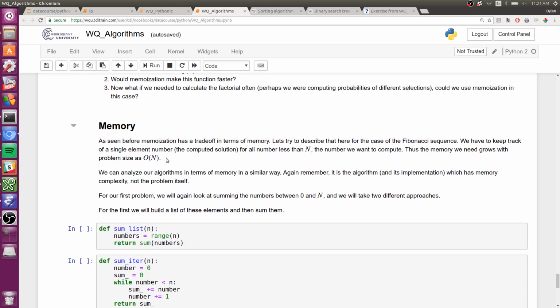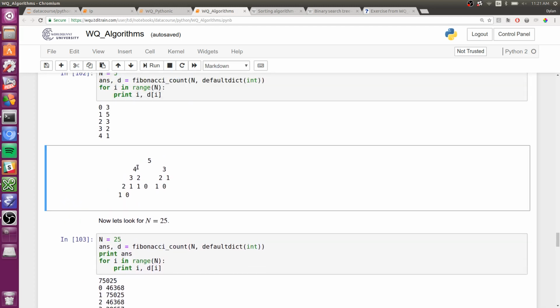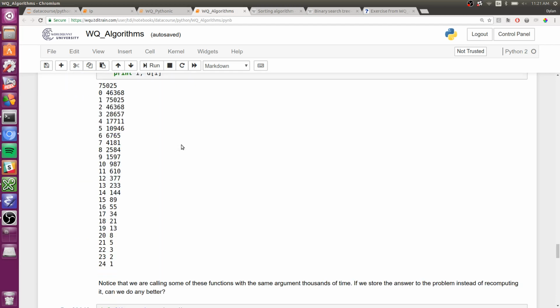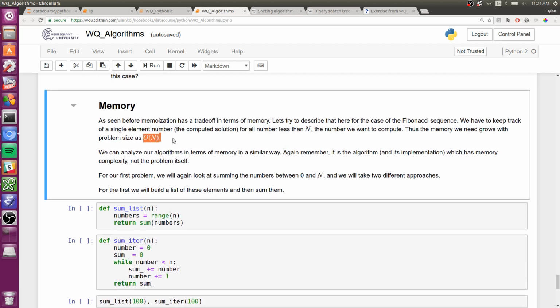So since we are memoizing all the elements of the Fibonacci sequence up to the nth number, we require order n memory. We have n Fibonacci numbers to remember, to memoize. So we can take exactly the same approach to considering memory costs as we can to time costs.